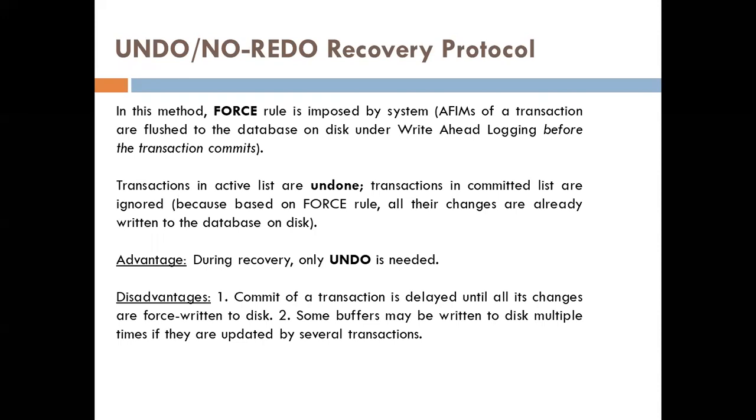Transactions in the committed list are ignored, because based on the force rule, all the changes are already there on the disk. So during the recovery phase, only the undo operation is required, for those transactions in the active list which are not committed.